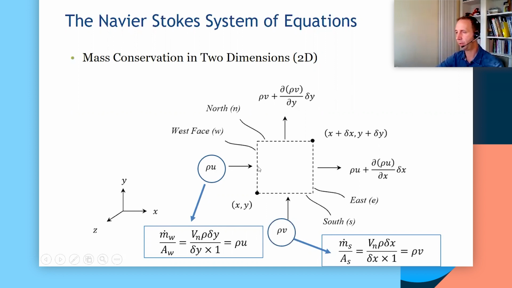If we know the value here, then we can say, let's use calculus to find a formula for the value of flux through this face. It's going to be rho u plus a change, which can be negative or positive. So it's rho u plus the rate of change of rho u as you move along the x direction, multiplied by the displacement along the x direction as you went from there to there.